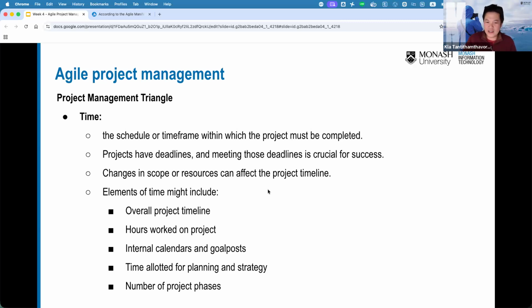And internal calendars, goal posts, time allocated for planning and strategy, the number of project phases. Sometimes you have milestones. Sometimes you need to spend time on planning, strategy, admin, that kind of thing. So not everyone has an equal amount of time to spend the same way.